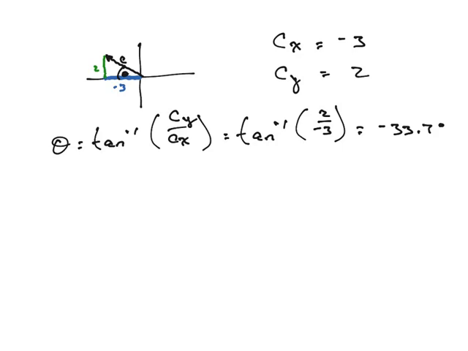I have vector C. It looks to me like it's pointing up and to the left. So there's this big old angle here, and this is something I should have said earlier. When people give you, or you give, the angle, most of the time it's standard to give the angle with respect to the positive x-axis.